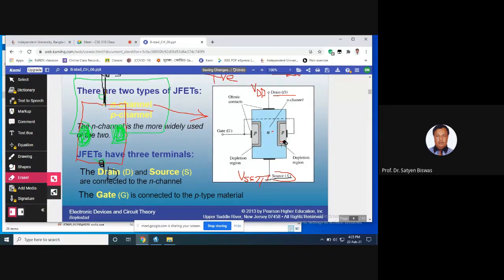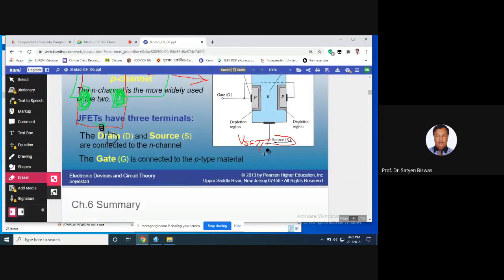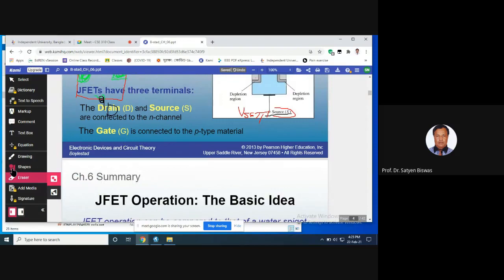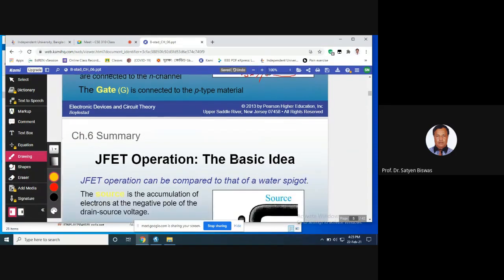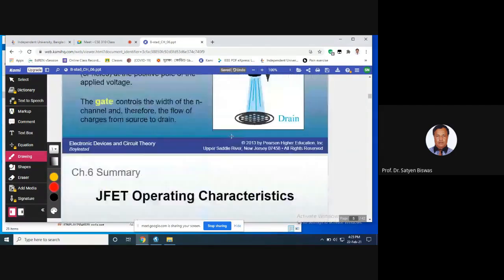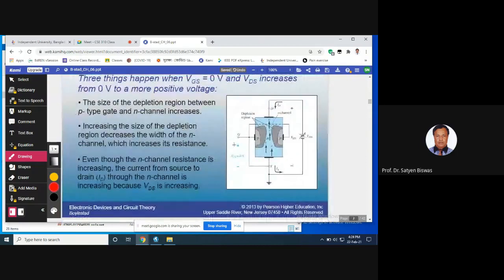Both sides symmetric, right? Now look carefully. This is straight vertically down. Now we'll go to the bottom one.